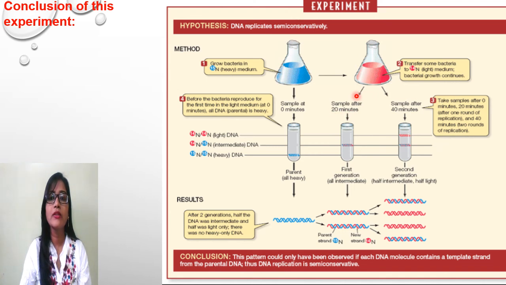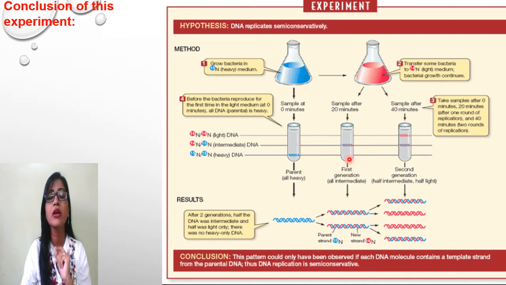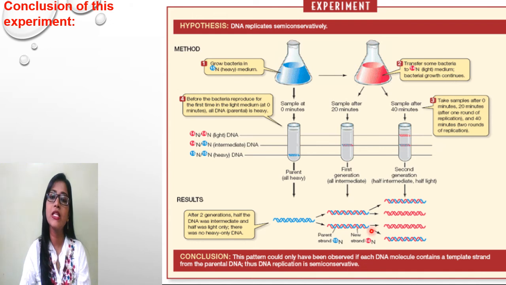They collected some sample from this after 20 minutes and subjected this tube to density gradient centrifugation. In the first generation, all the bacterial cells contain intermediate type DNA. That means all the bacterial cells had the parental DNA strand with N15, while the newly formed strand was with N14.